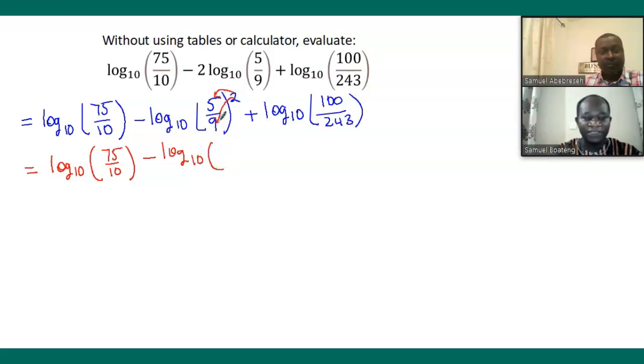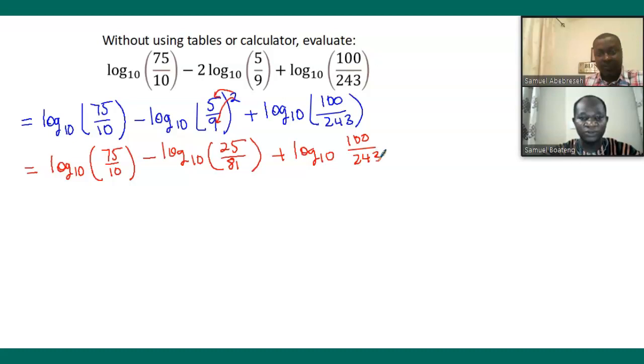The square is affecting all the numbers in the bracket. So 5 square is 25, 9 square is 81, plus log to the base 10, 100 on 243. Okay, so let's make use of the laws. The first two are subtracting.